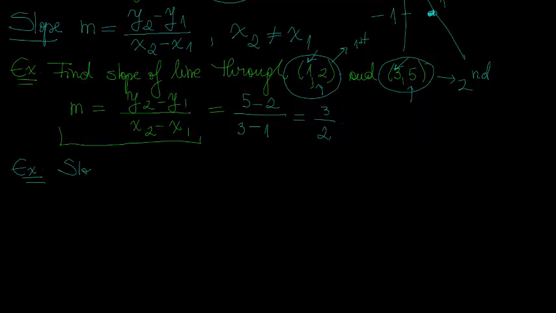Let's now look at the slope of two special lines. Let's say that we're trying to find the slope of the line through the points (1, 3) and (2, 3).